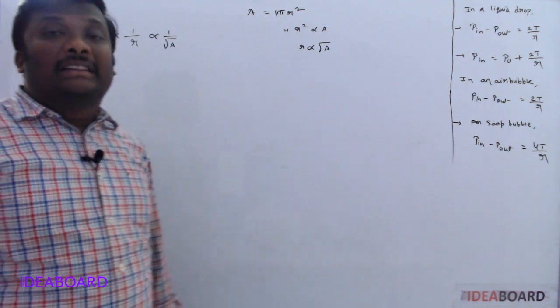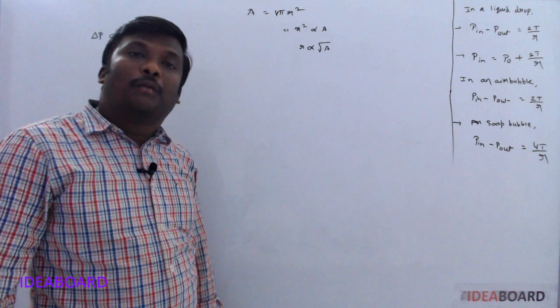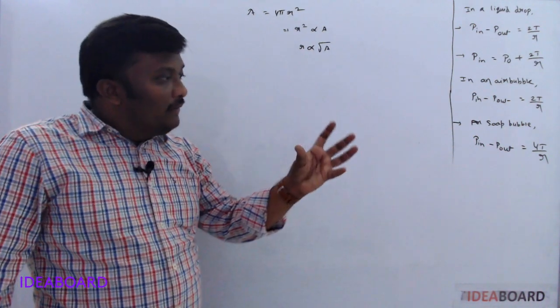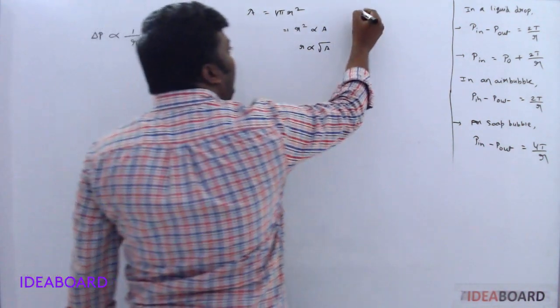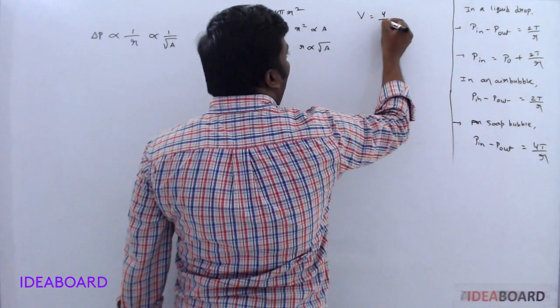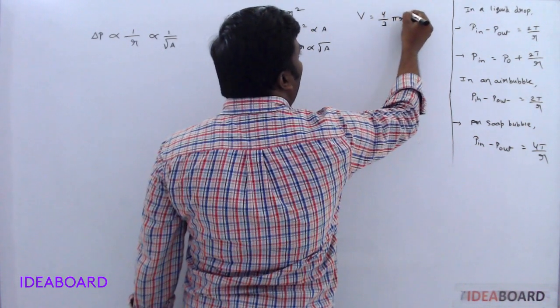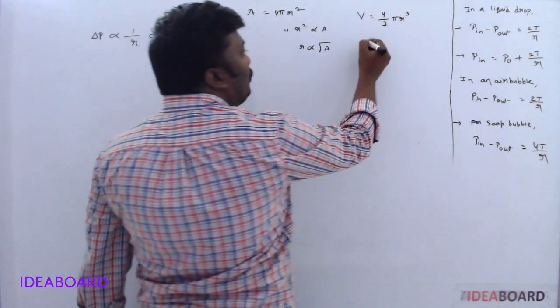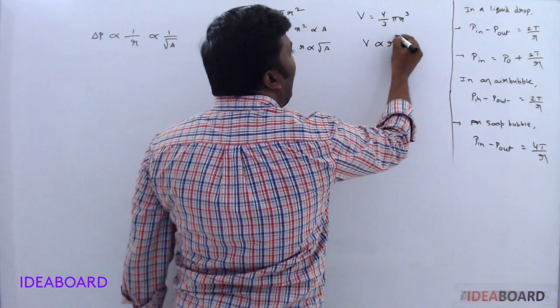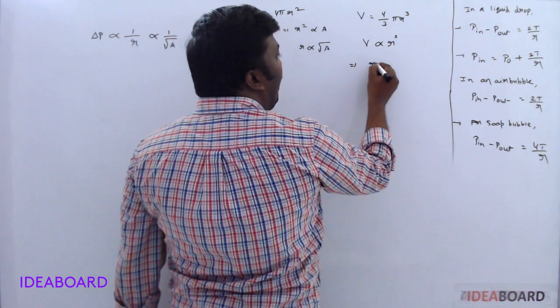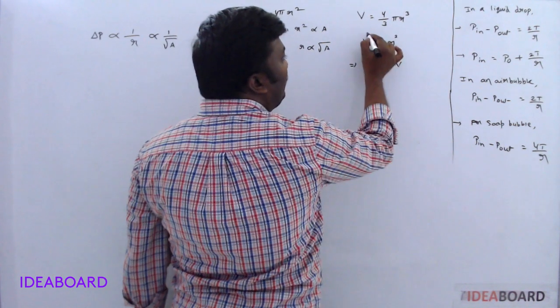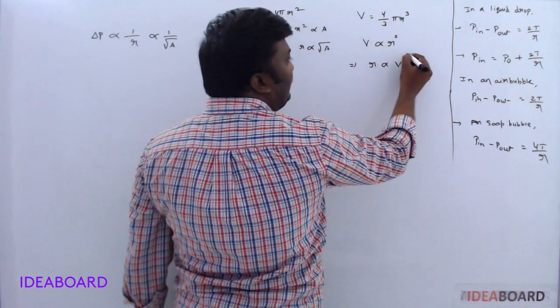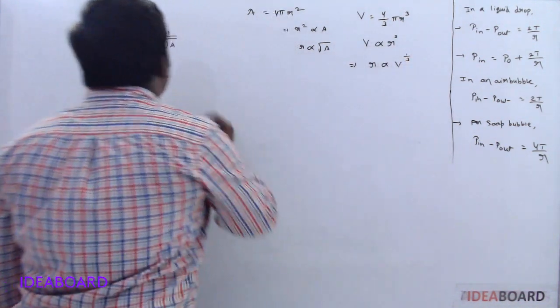Okay, suppose they ask excess pressure in terms of the volume of the liquid drop, it is also in the form of a sphere only. That's why the volume formula is 4/3 pi r cube. So V is proportional to r cube, then r is proportional to V power 1 by 3.